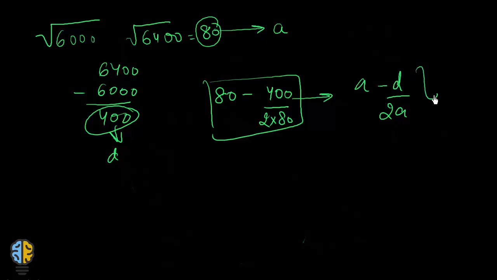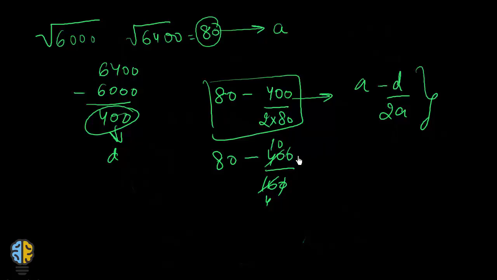So this is the formula. You will understand it better with another example that we'll discuss here. So 80 minus 400 upon 160. This comes out to be 10 by 4 when we divide it by 4.